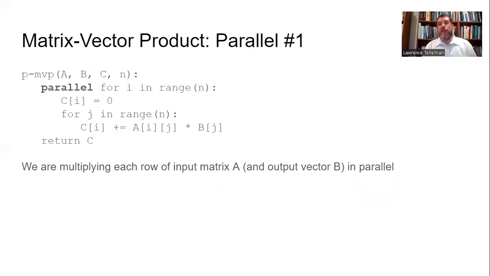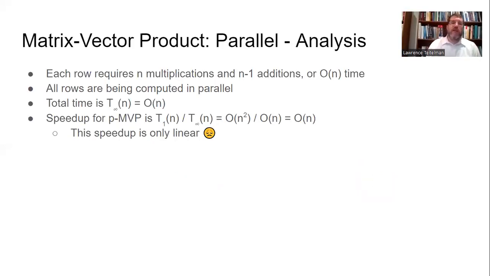So what's the time complexity now? If each row takes n, but I can do all the rows at the same time, what's my time complexity? N. N, correct. All right, so here's our analysis. Each one is O of n time, right? If I did it with only one processor, it was n squared.